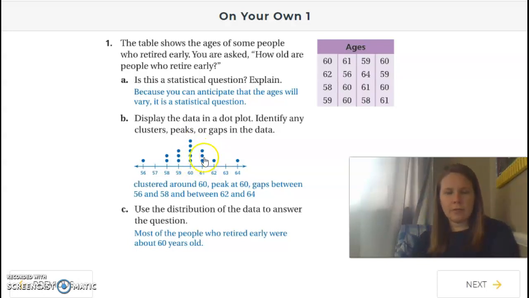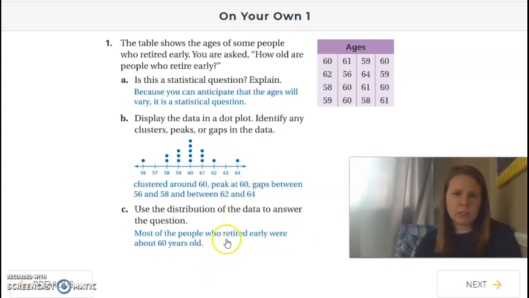So you make a dot for every time you count 60. So there's 5 60s in here, that's why there's 5 dots. The gap then, there is a gap between 56 and 58. You could say there's a gap between these, as well as you could say there's a gap between 62 and 64. And then just kind of describing anything else.